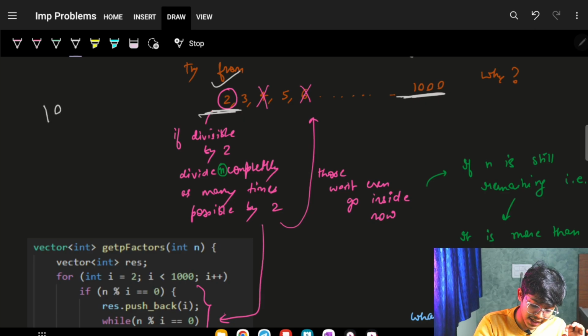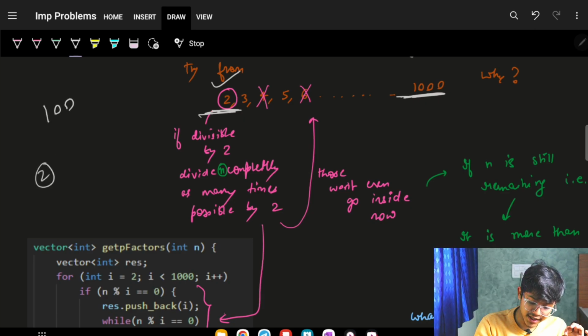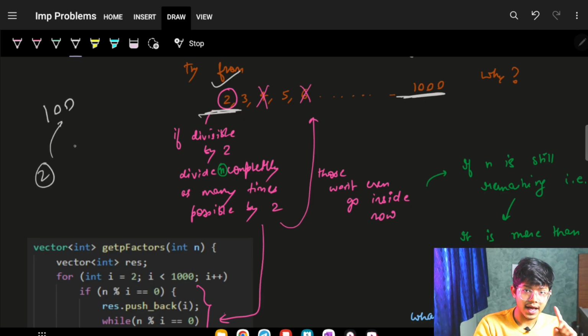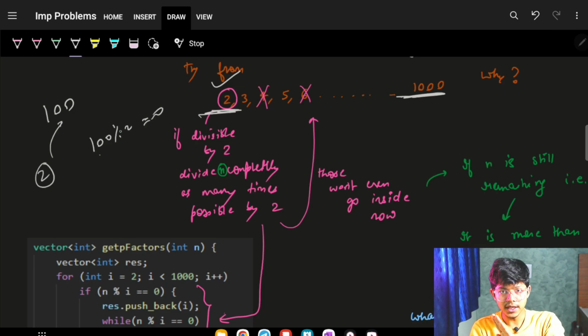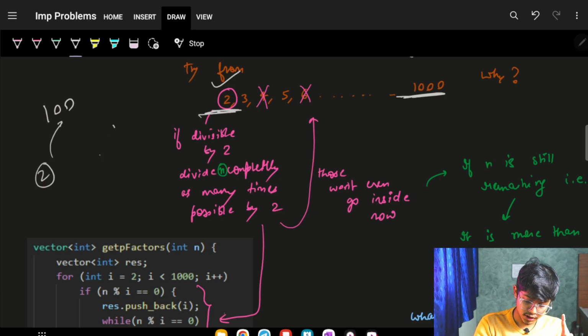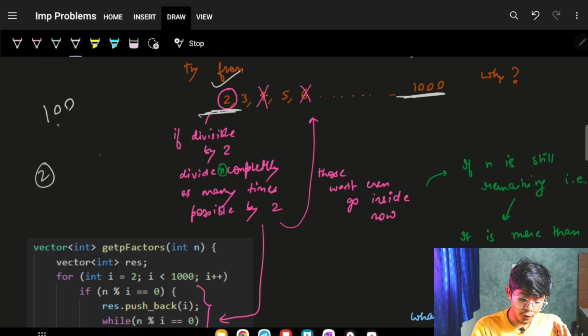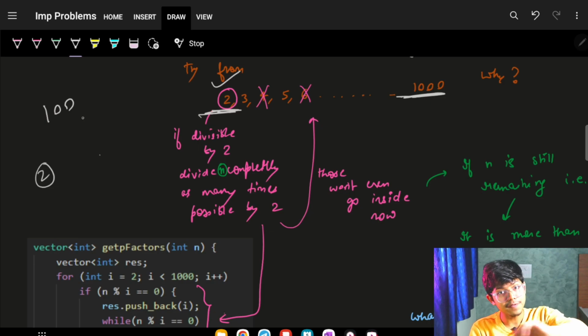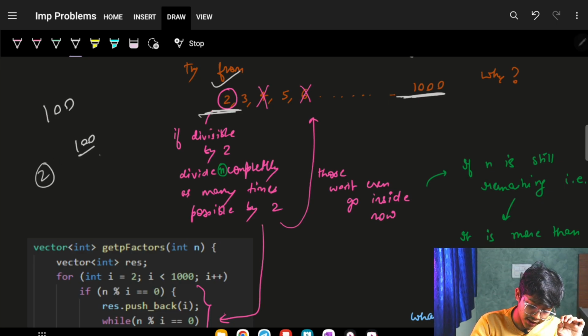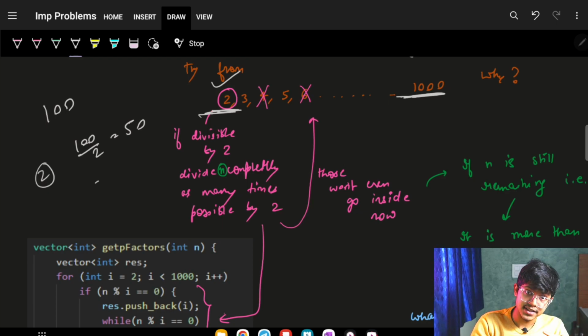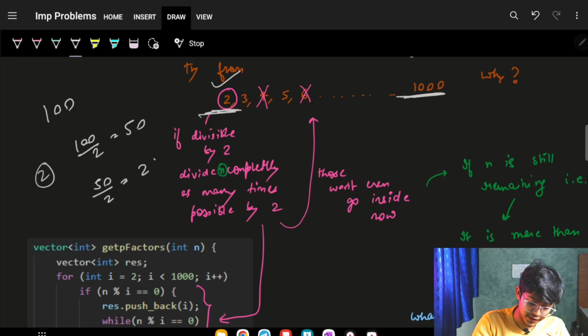Which means that if my n is 100 and I am standing at 2 right now, my 100 mod 2 is 0. So my 100 has a prime factor which is 2. Good. But now I have to remove all the factors of 2 from this 100, because ultimately I don't want to count the factor 2 again, right? So I'll just do 100 by 2, which is 50. Still it has a prime factor of 2. I'll just do 25.